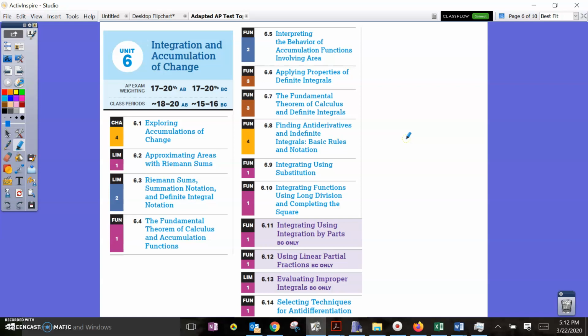Accumulation of change, Riemann sums, defining a definite integral using a Riemann sum, the connection between those notations, interpreting the behavior of accumulation functions, properties of definite integrals, the fundamental theorem of calculus and how we use that in finding definite integrals, rules and notation, substitution as an integration technique, using long division or completing the square to simplify an integrand algebraically in order to help us integrate, and then selecting the techniques that you use for anti-differentiation.